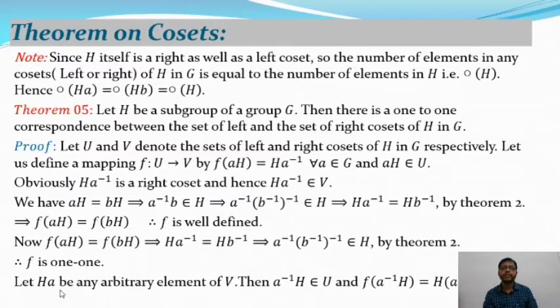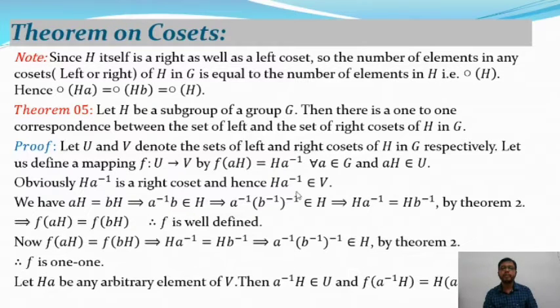Next, let HA be any arbitrary element of V. That means we shall prove that the function f is onto. So HA be any arbitrary element of V, that means in the codomain set, and V is actually the right coset of H in G. So then A inverse H belongs to U, where U is the left coset, and this is actually the domain.